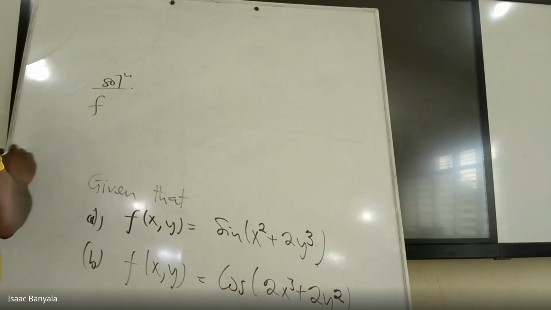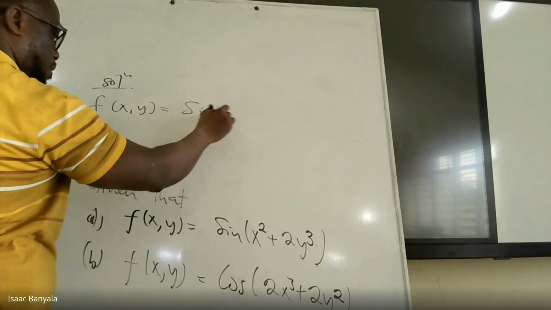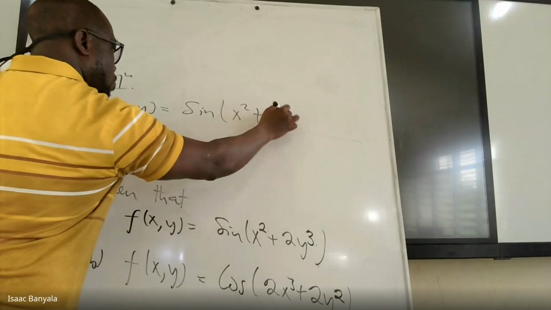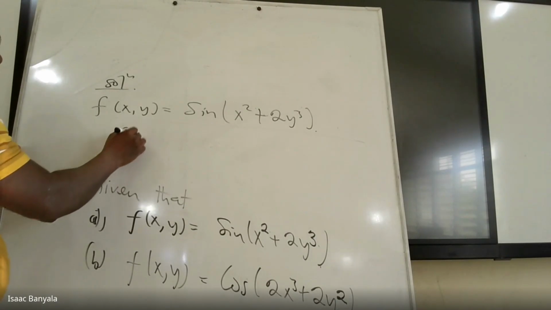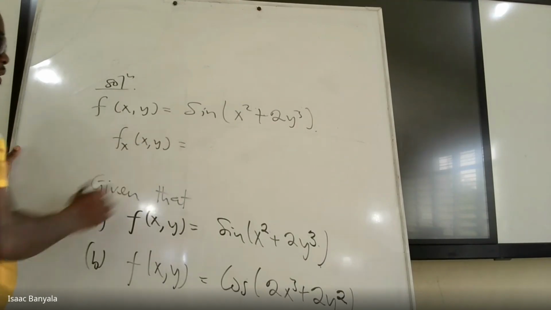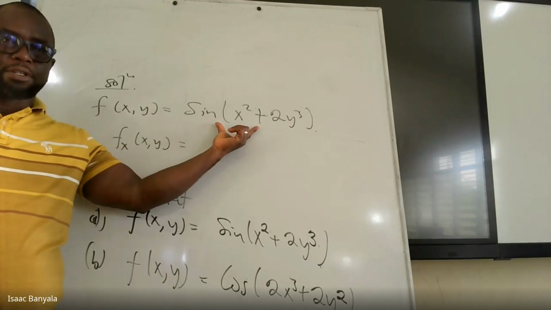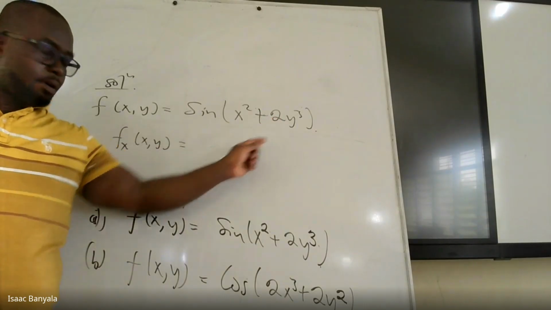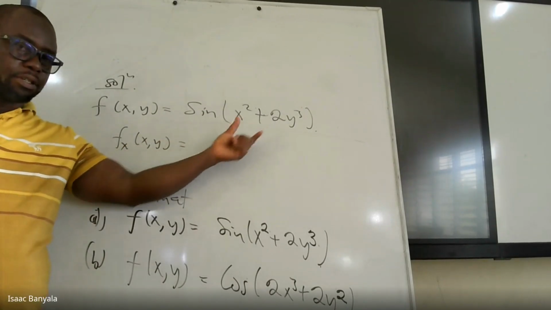The first one is having f of x, y, which is equal to sine of (x squared plus 2y cubed). The first is to find f_x(x, y). That means that we are differentiating this function, which involves two variables, x and y, with respect to x.